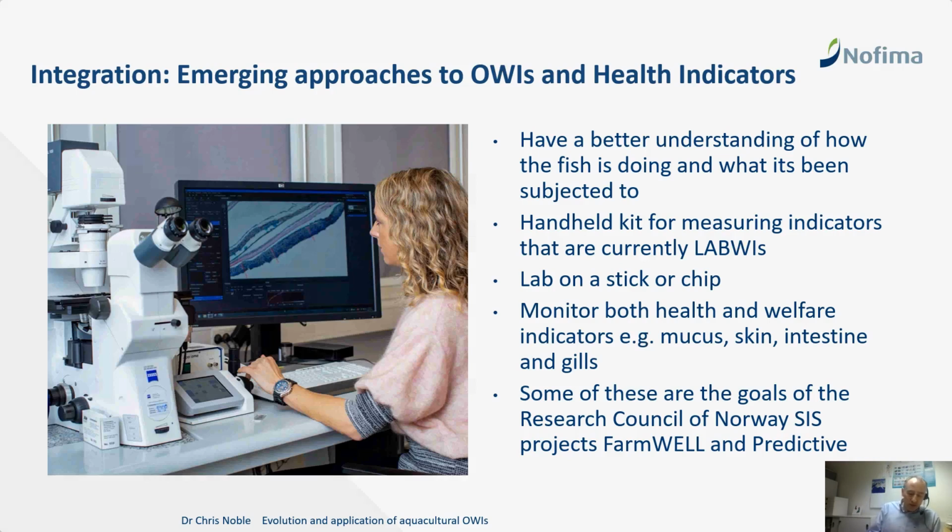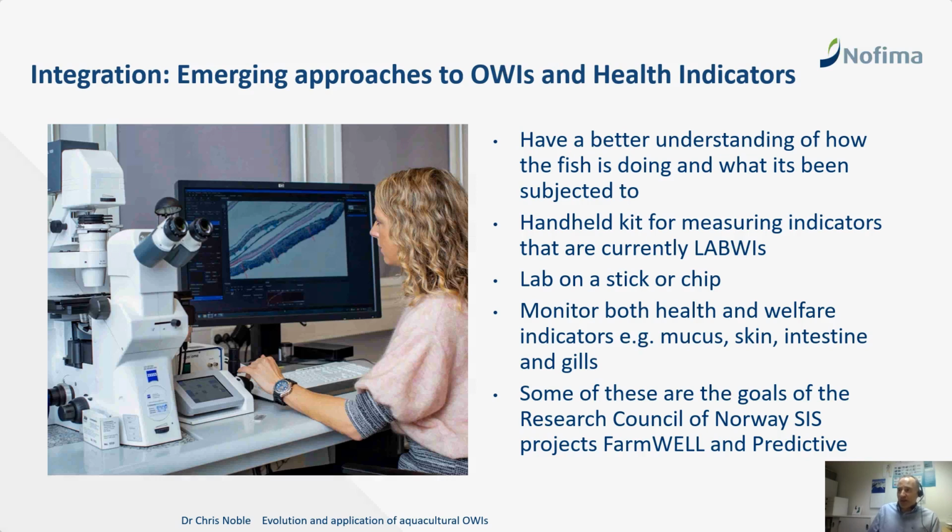You can take the OWIs and LabWIs, and you can combine them with existing health indicator toolboxes. So this gives the user a better understanding, a deeper understanding of how the fish is doing and what it's been subjected to. So you've got various handheld kits for measuring indicators that are potentially and are currently LabWIs.